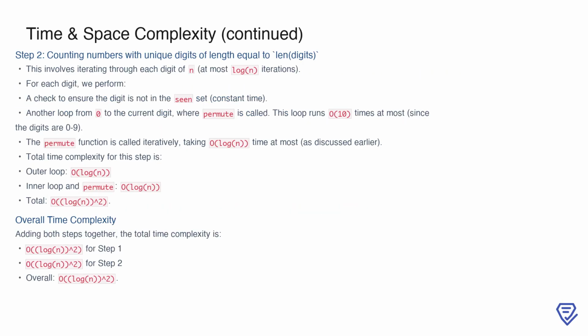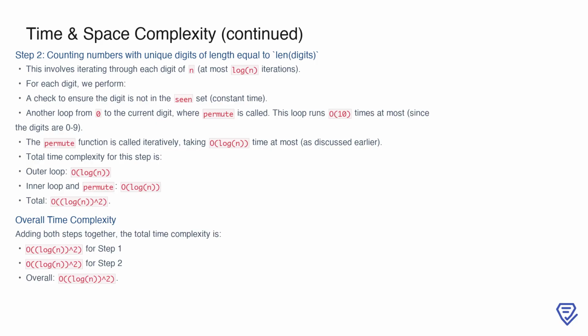The next step involves counting numbers with unique digits that have the same length as n. This requires iterating through each digit of n, which means at most log n iterations, as the number of digits is proportional to log n. For each digit, 2 main operations occur. First, we check whether the digit exists in the seen set, which is a constant time operation.